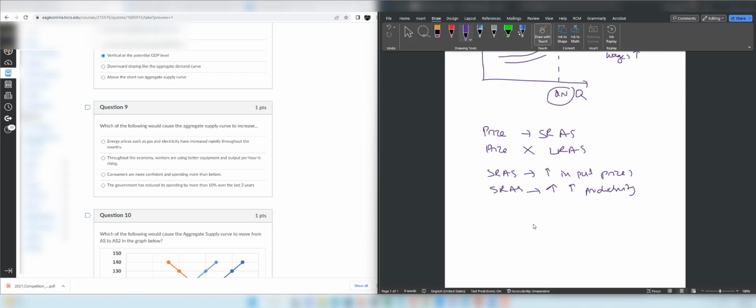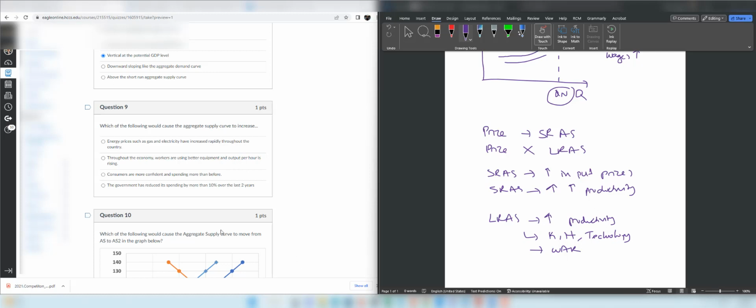In addition, the long-run aggregate supply curve also increases with an increase in productivity. It can also increase with physical capital, human capital, remember these factors that we talked about, and technology. The long-run aggregate supply curve can have a negative impact if most of the workers go to war. There is a war, so there is going to be a decrease in the long-run aggregate supply curve. And as you realize, the long-run aggregate supply curve is mostly related to real factors rather than price.